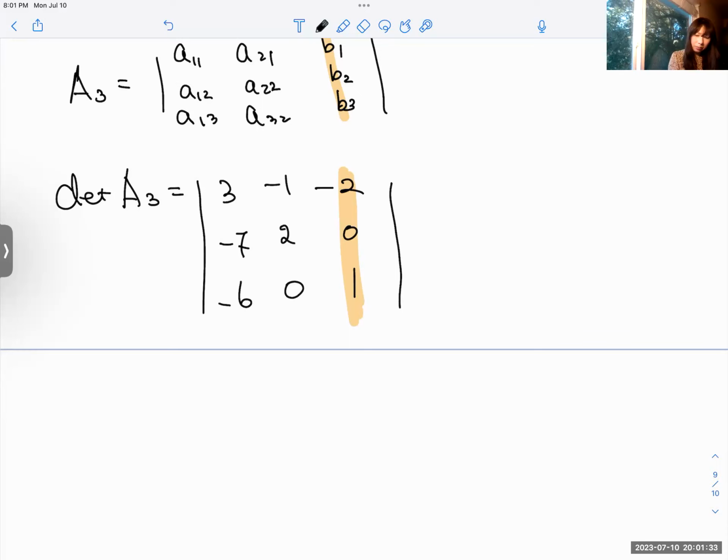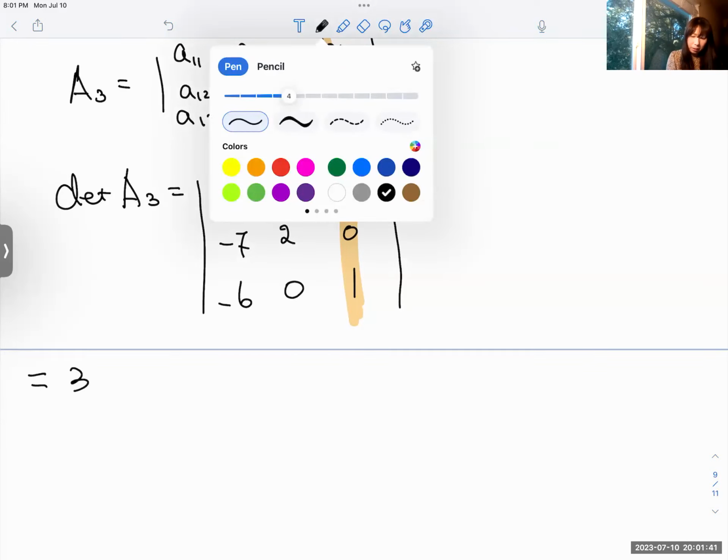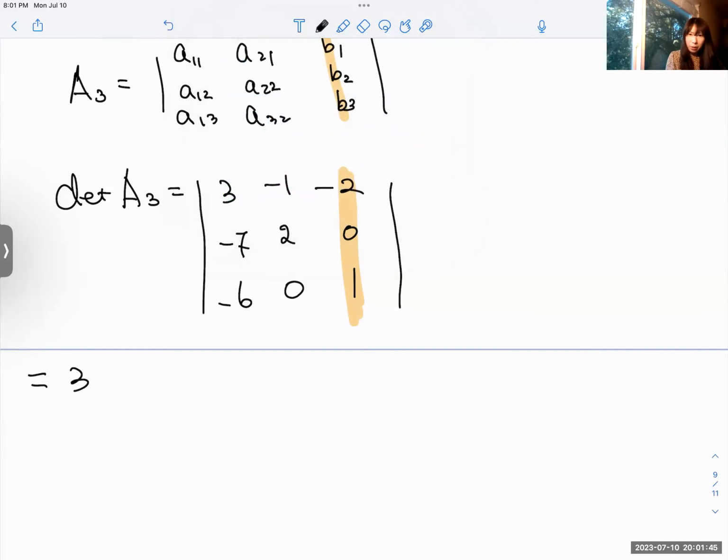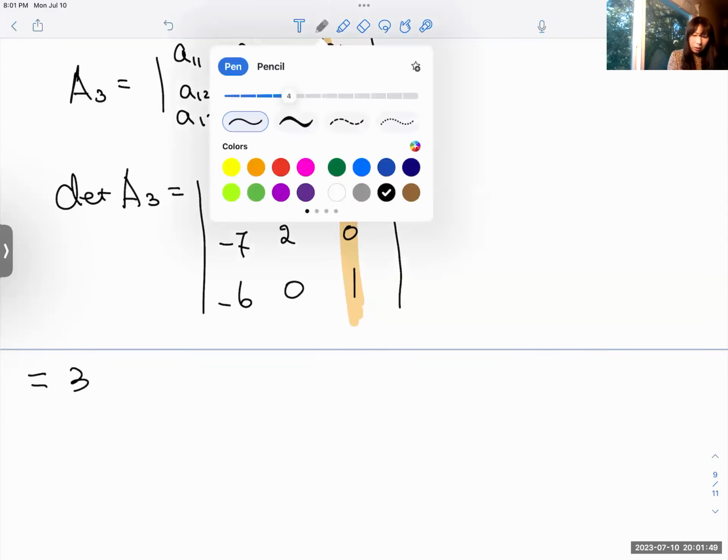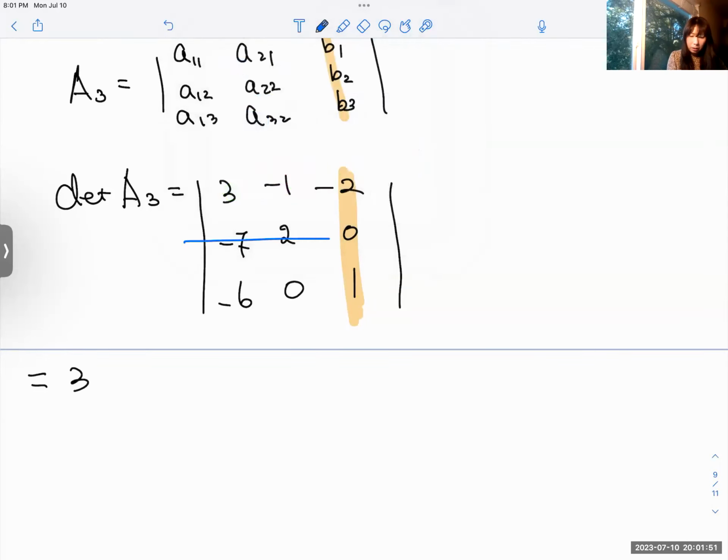Okay, so positive. Or we can do any 0, right? So maybe we can do the second one, because there is a 0, right? So let us do that instead of the first row.